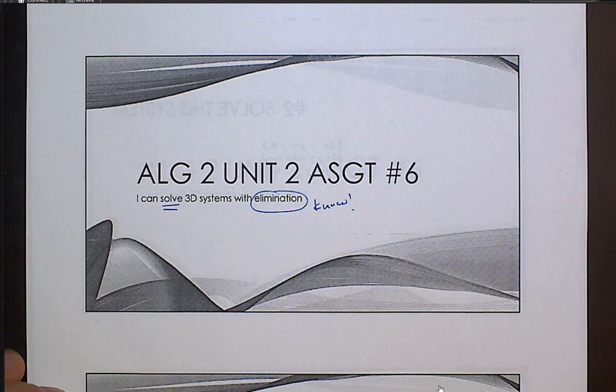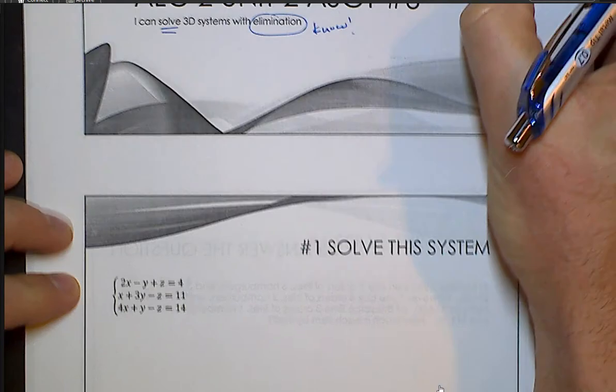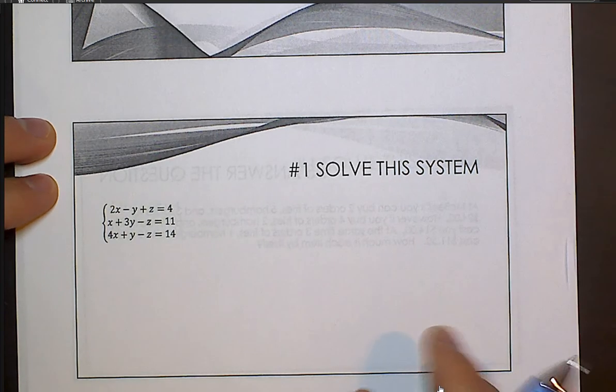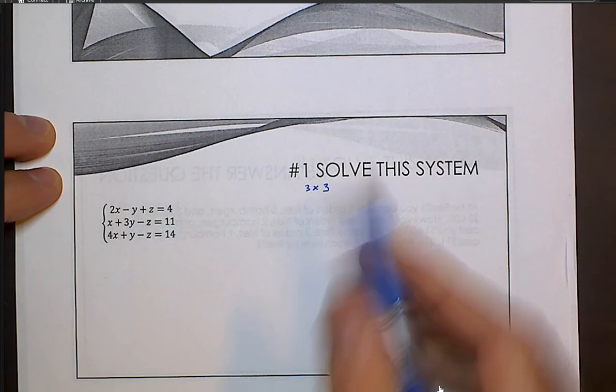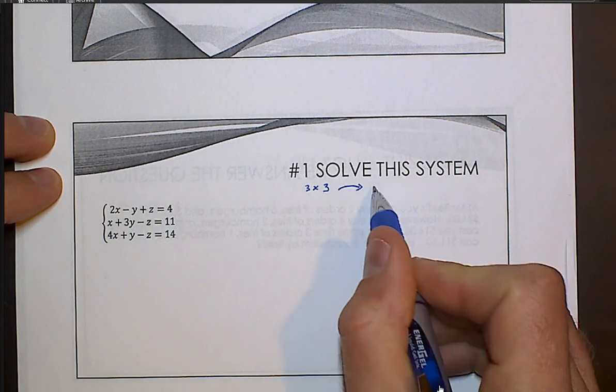Now, I'm just going to jump to the first problem here. The whole goal of solving this system is simply this. We want to take a 3 by 3 system, which is what we have here, and make that into a 2 by 2.